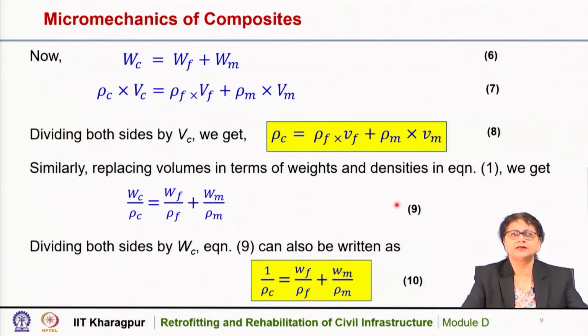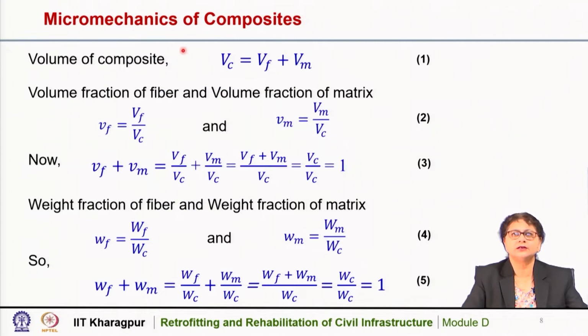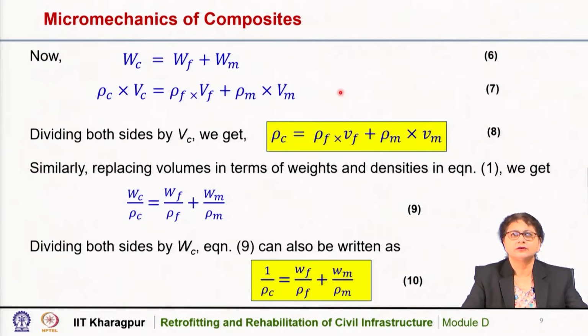Similarly, by replacing the volumes in terms of weights and density in equation 1, in this equation, we are replacing the volume with weights and density. We get Wc by rho c for the composite is equal to Wf by rho f plus Wm by rho m, and dividing both sides by the weight of composite, we get 1 by rho c is equal to Wf by rho f plus Wm by rho m.